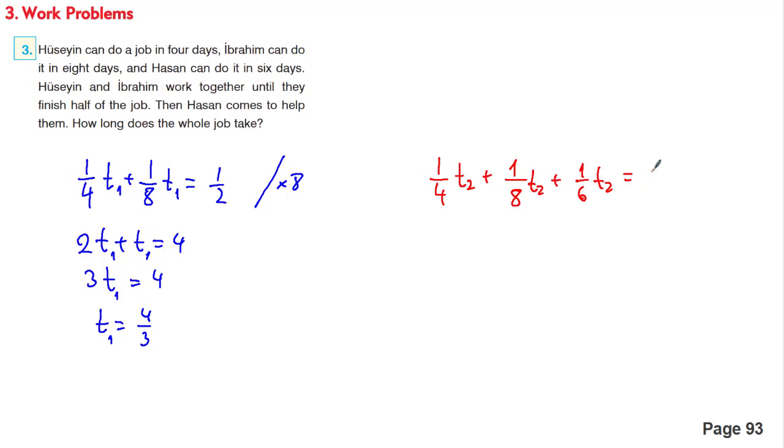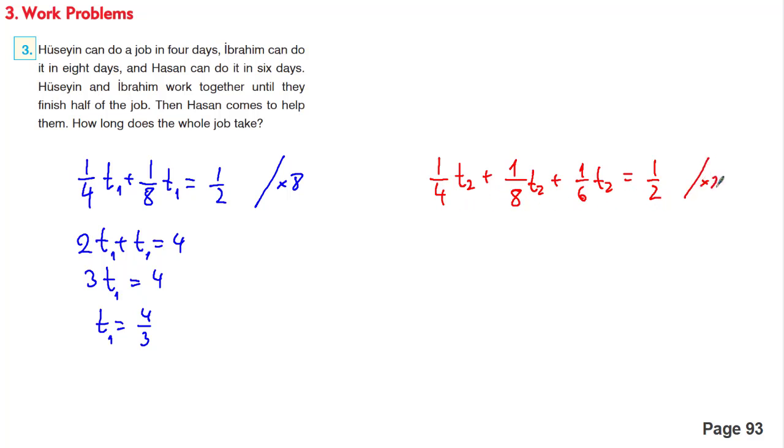And this should finish the whole job, but the time that they work together won't finish the whole job. It will finish half of the job that wasn't finished by Hussein and Ibrahim together. So it will finish only this half.